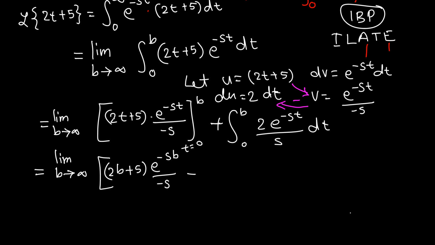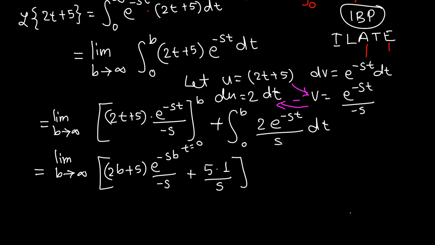So this is just 5 times e to the 0, and e raised to 0 is 1, so this will be just 1 over negative s. That's just from this first part.